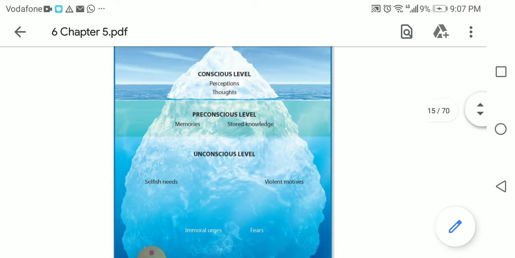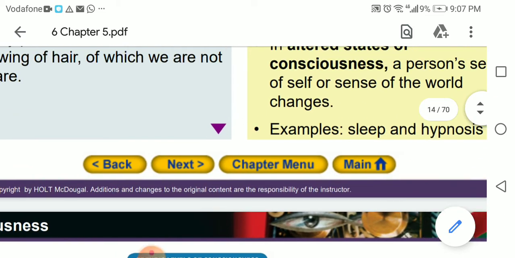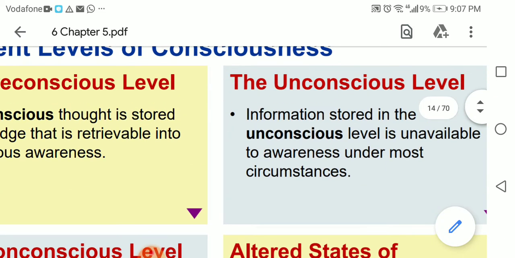So, when I talk about the unconscious level, I'm talking about information stored there, which is unavailable to awareness under most circumstances. And if you want to bring them down to your mind, you can. Like memories, if I want to remember something, I can remember this. Okay.